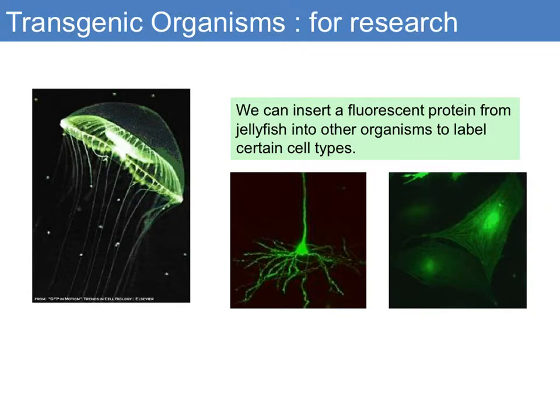We've been making all sorts of transgenic organisms. It turns out this jellyfish on the left is fluorescent. It lives in the deep ocean. There isn't much light.